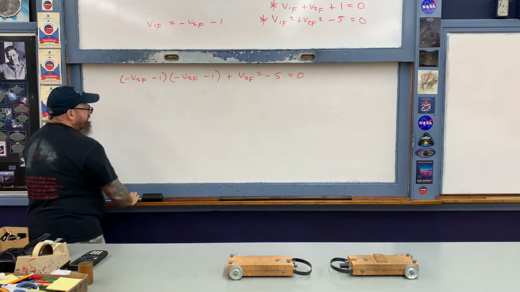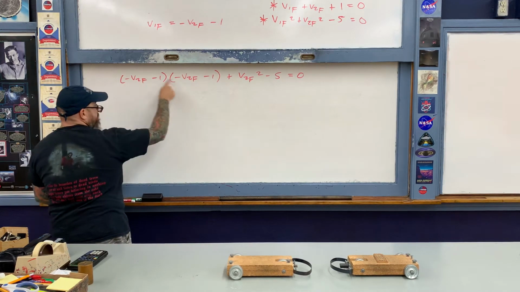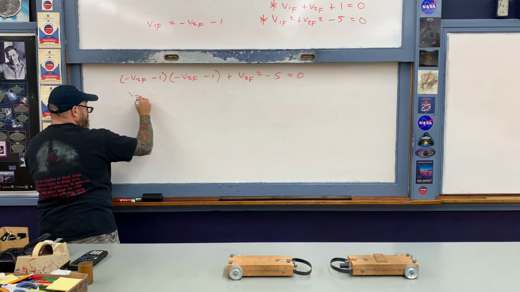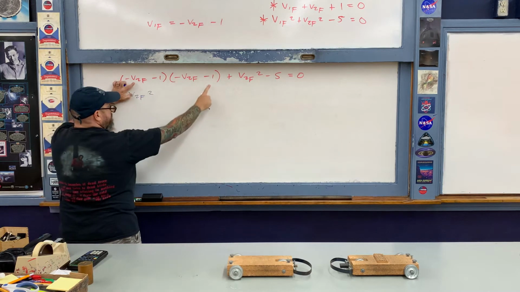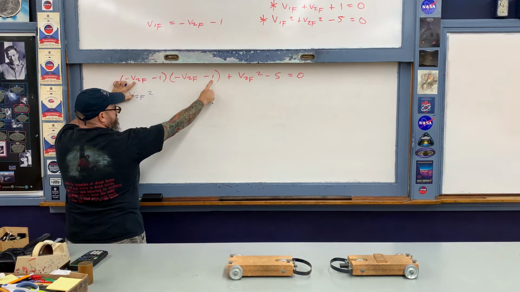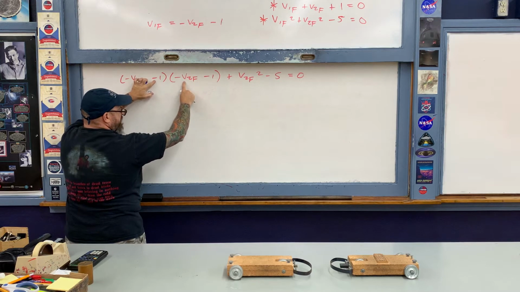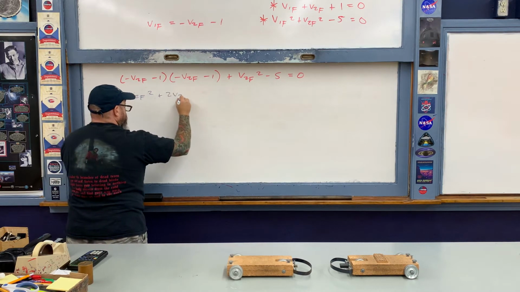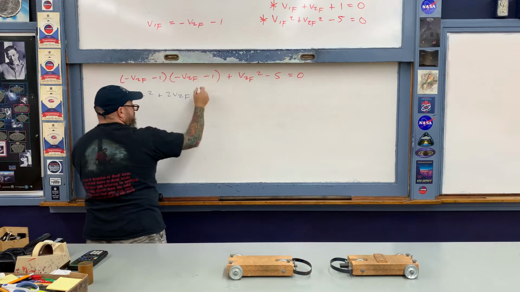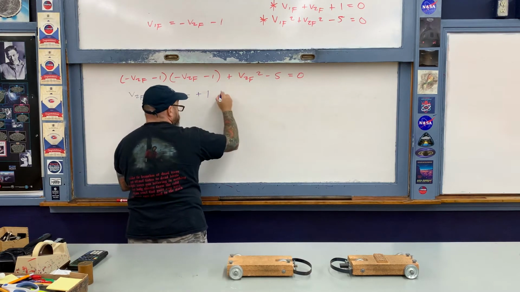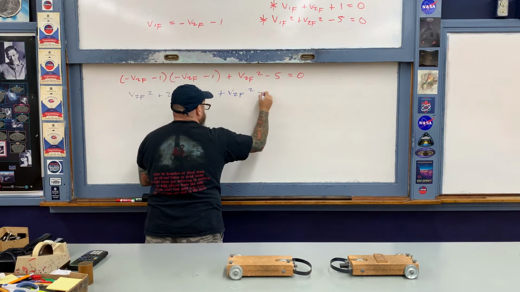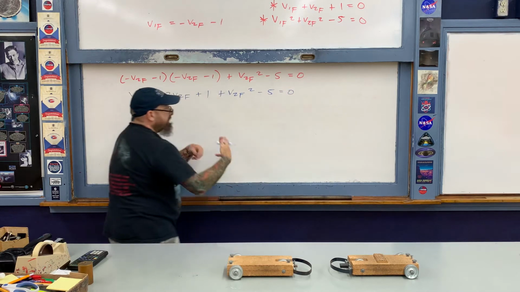Okay, let's go ahead and FOIL this out. So this multiplied by this is v2 final squared. Okay, be careful of the negative signs. Multiply these guys, you get a v2 final. Multiply these guys, you get another v2 final. Like so. And then minus 1 times minus 1 is plus 1, and then the other terms. So, and then we start to simplify.